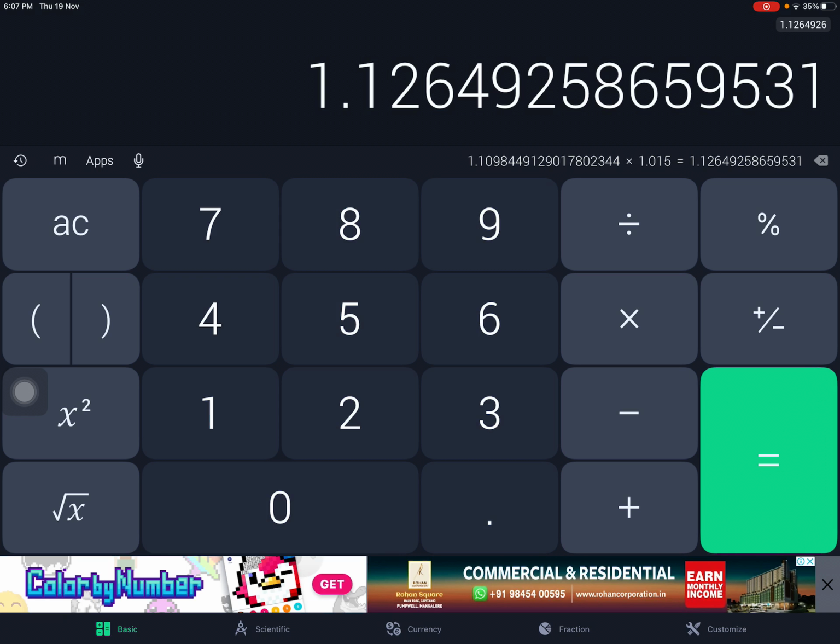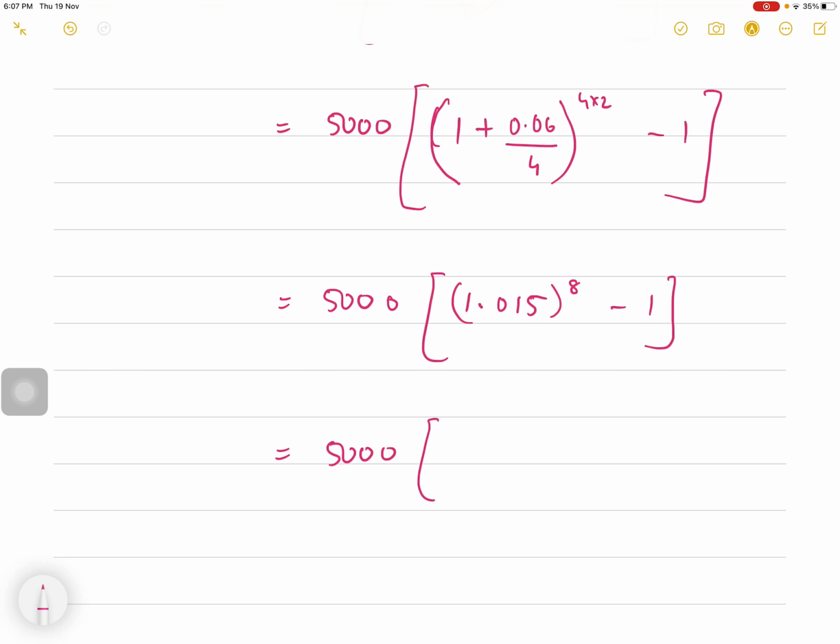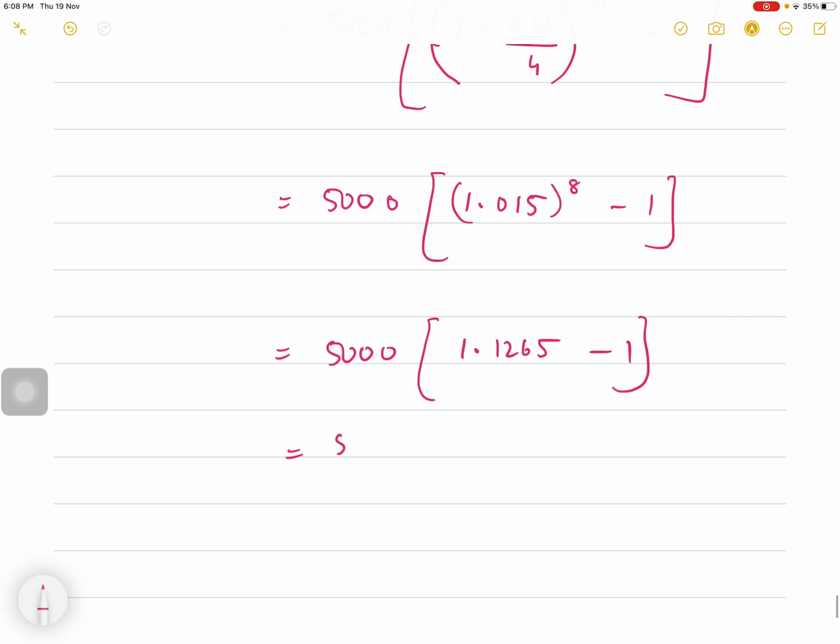So I'll say 1.1265, rounded off. So 1.1265 minus 1. So 5,000 multiplied by 0.1265.